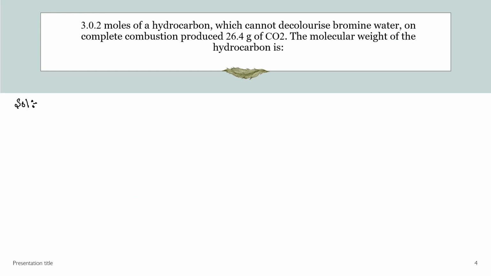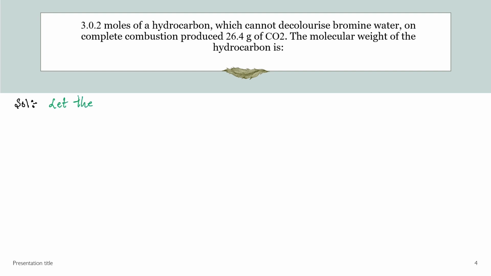The third question. 0.2 moles of a hydrocarbon which cannot decolorize bromine water on complete combustion produced 26.4 grams of CO2. Then what is the molecular weight of the hydrocarbon? So let's write the equation like this.